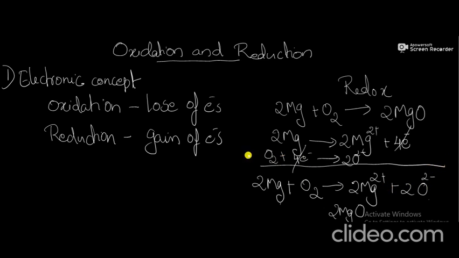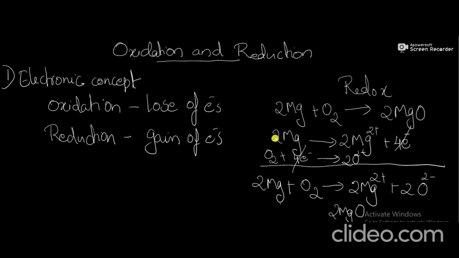Here, oxygen brings about the oxidation of magnesium. Oxygen acts as an oxidizing agent by removing electrons from magnesium, and itself undergoes reduction.